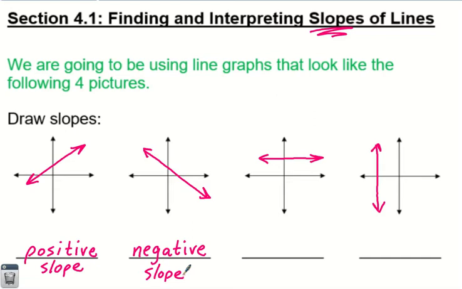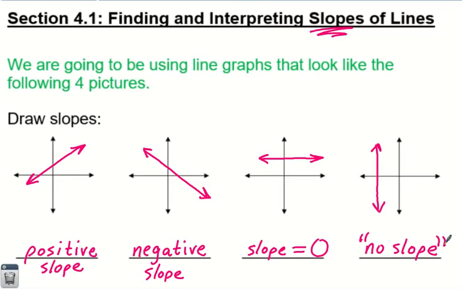If the line is perfectly horizontal, that means the slope is exactly equal to 0. And if we have a perfectly vertical line, that means we have what's known as no slope, which means the slope is undefined. The slope doesn't technically exist.